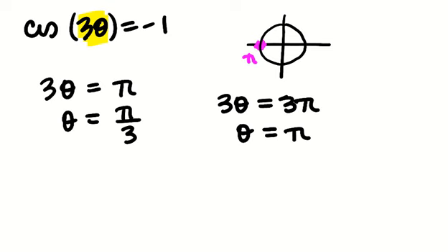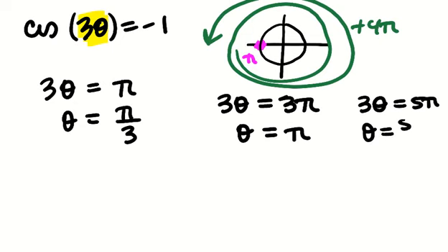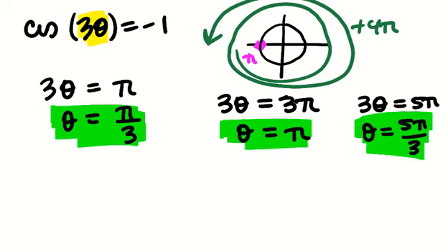And then what if I added another 2 pi to that, plus 4 pi? Then I'd have 5 pi, so 3 theta is 5 pi. Then you divide by 3, and you get theta is 5 pi over 3. That's another solution, and all 3 of these solutions that I'm highlighting in green are in the interval 0 to 2 pi.